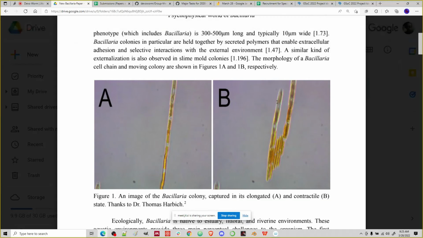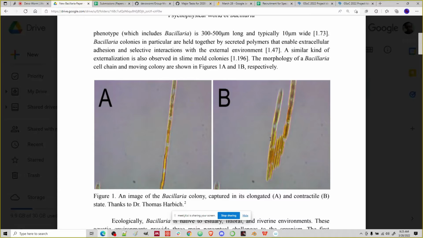This paper follows an earlier paper where we analyzed the movement. When these colonies move, they move up and down like an accordion, a kind of rhythmic movement, and we characterized that in a previous paper.